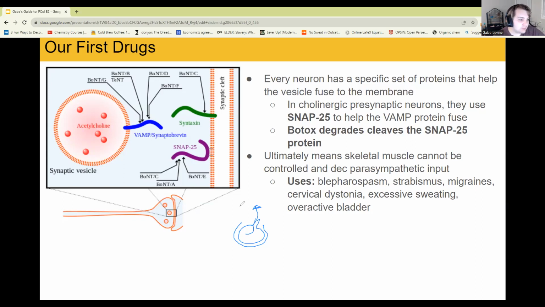So you inject Botox, you essentially kill the smooth muscle control, and you prevent the sweating from happening. Same thing with the bladder. You guys have learned that the bladder is surrounded by the detrusor muscle. And so you can inject Botox into the detrusor muscle to prevent it from squeezing the bladder.